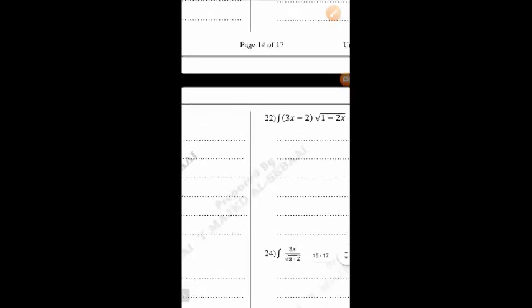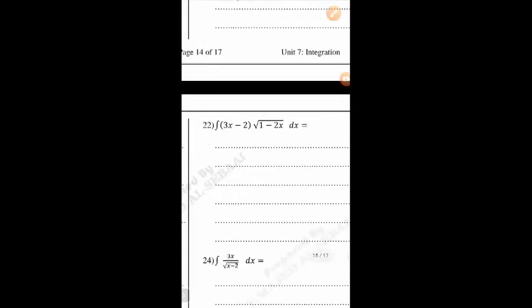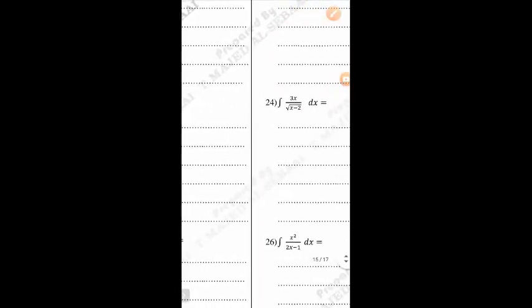And next to the root, we have x only. See, it is only x to the power of 1, always x to the power of 1. See here, x to the power of 1 here, x to the power of 1. But in questions 25 and 26, here we have x to the power of 2 and here x to the power of 5. Let's just see what we will have.